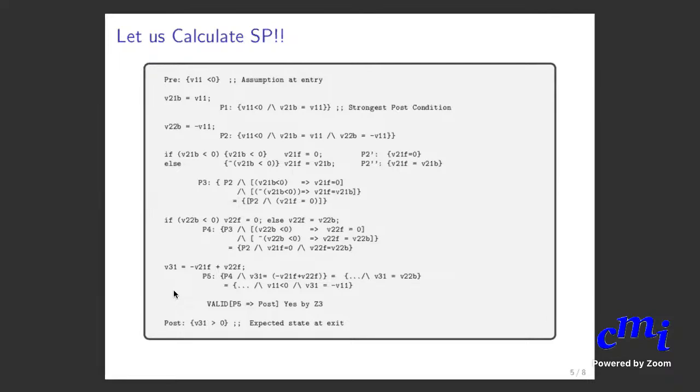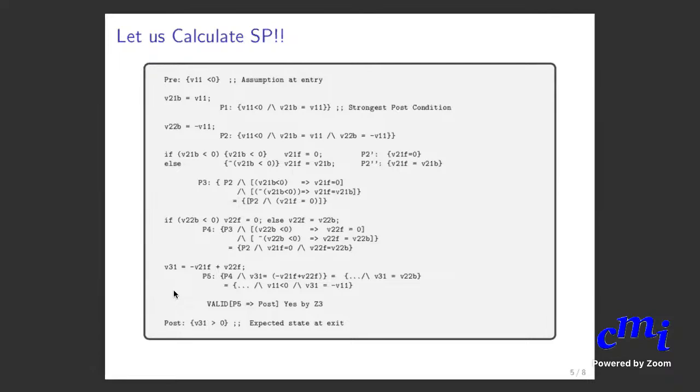Of course, you could say V11 is less than 0. That is weaker. It still is true at this point that V11 is less than 0, but it doesn't capture the precise set of states.